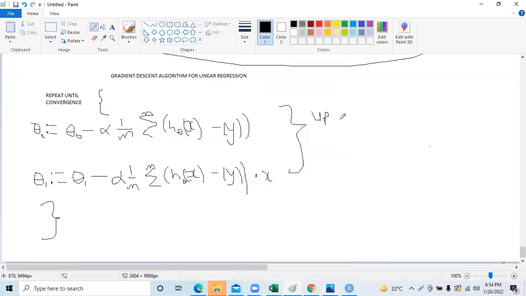So update theta 0 and theta 1 simultaneously.